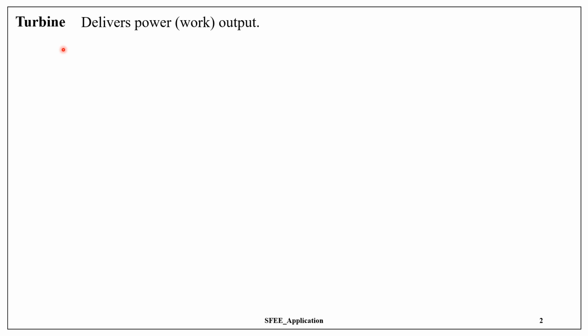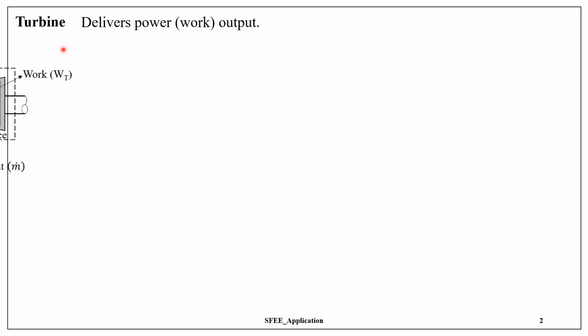When you say turbine as a steady flow device which can deliver work, our aim naturally is to question how much work can it deliver. To answer this, we are going to make use of steady flow energy equation.